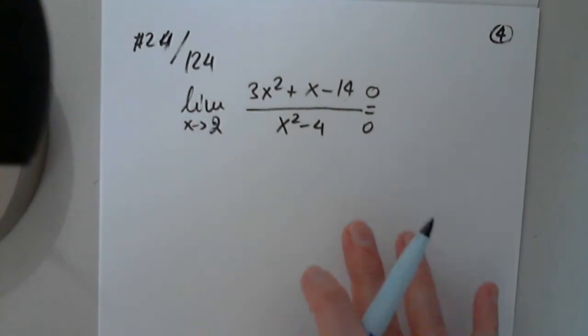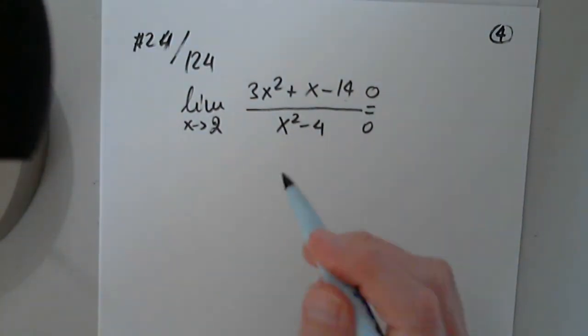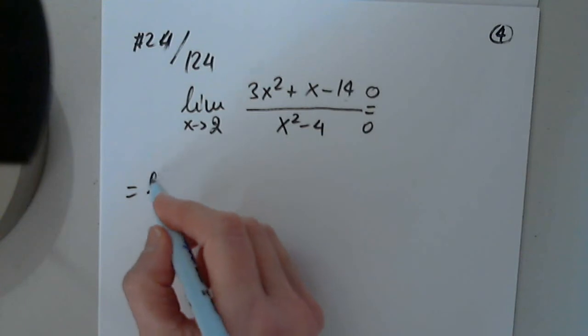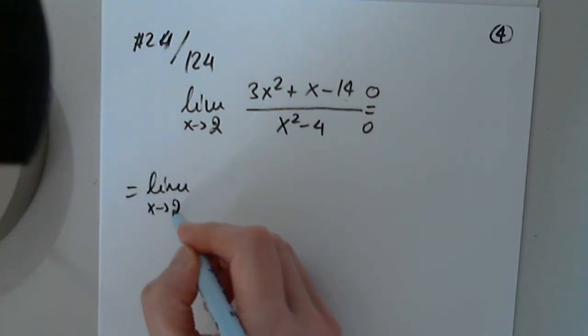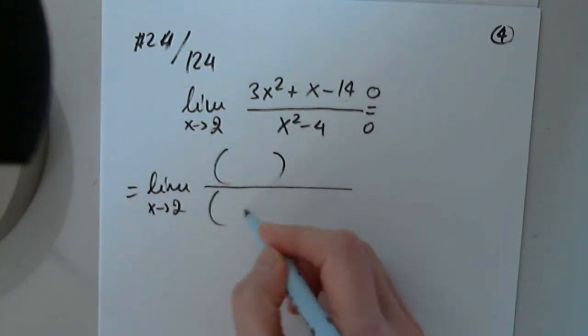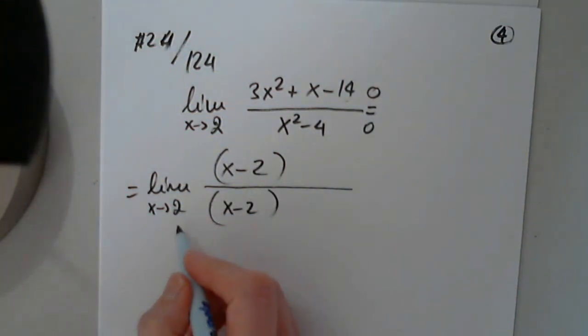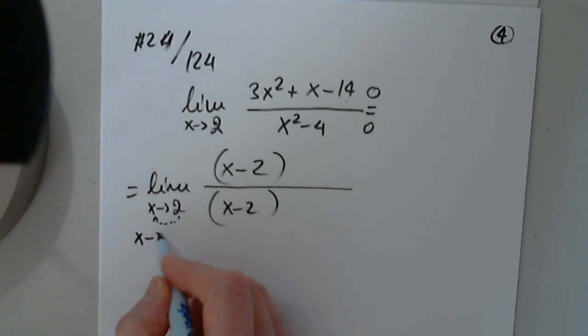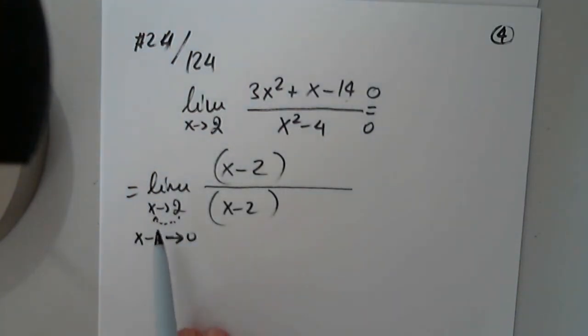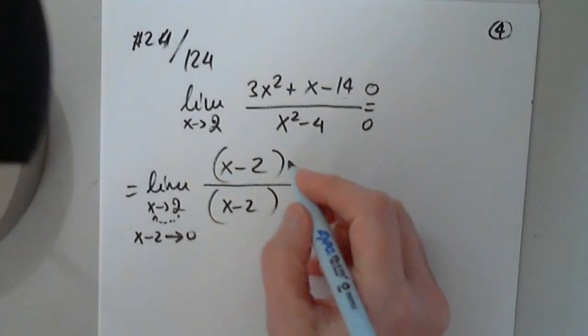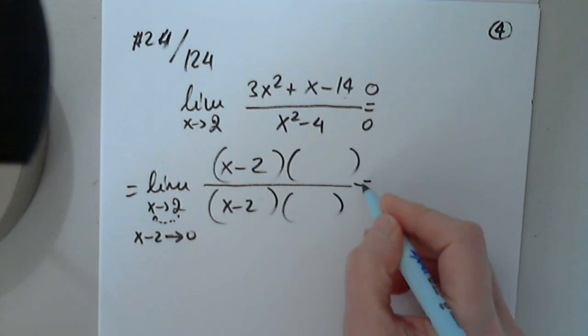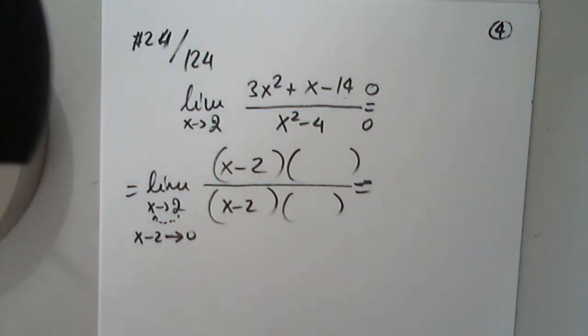So there is hope. Furthermore, what do I know for sure? X minus 2 is a factor on both of them. Guaranteed. If in case you forget, when we say x approaches 2, we really mean x minus 2 approaches 0. It's the same thing. Good. Great job. And then what do I do?